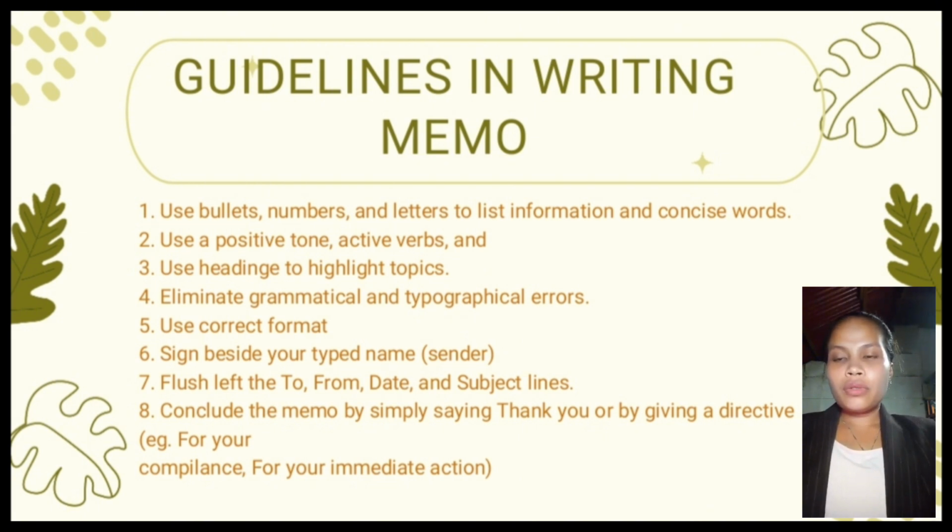Headings should be used to highlight topics, and grammatical and typographical errors should be eliminated. The memo should be written in the correct format with the sender's name signed beside their typed name. The to, from, date, and subject lines should be flush left, and the memo should conclude with a polite expression of gratitude or a clear directive.